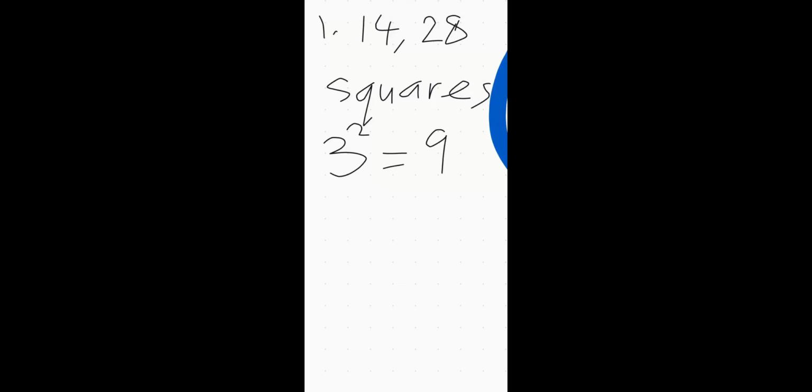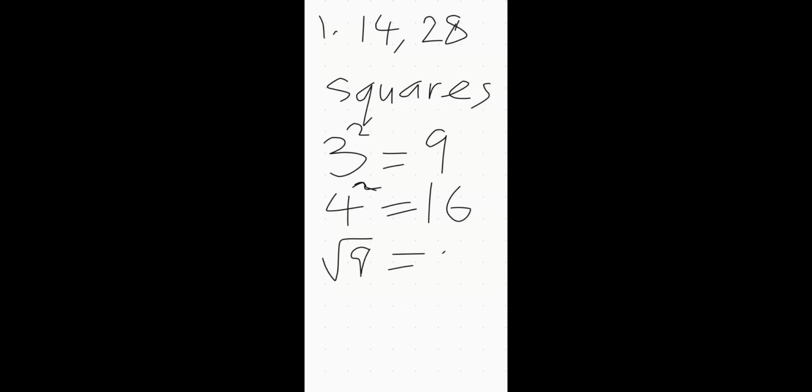The square of 4 is what? 16. A square is simply just multiplying a number by itself. Thank you very much. Now, the square root of 9 is what? 3.